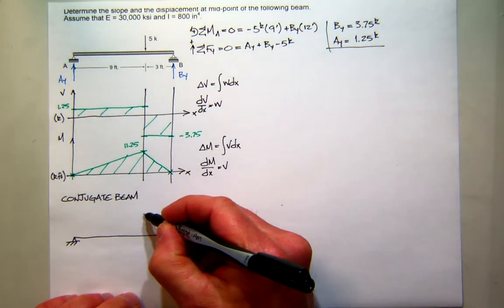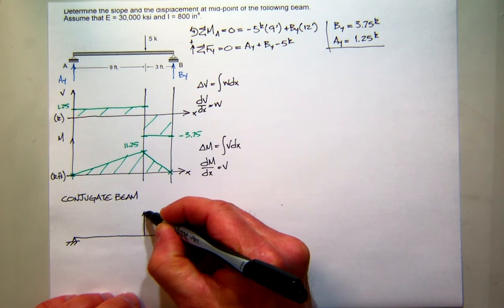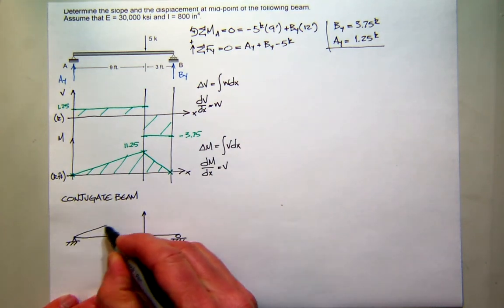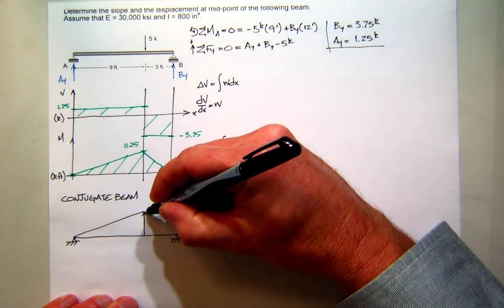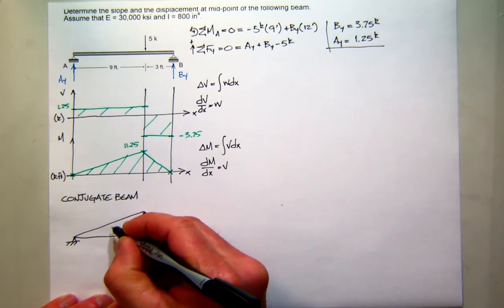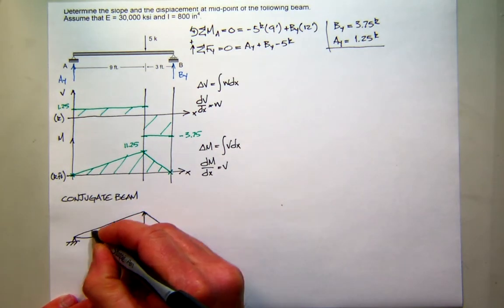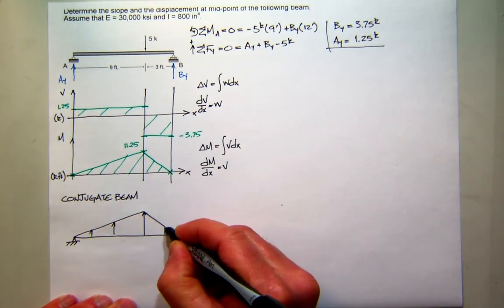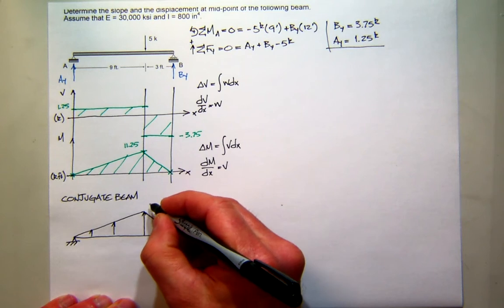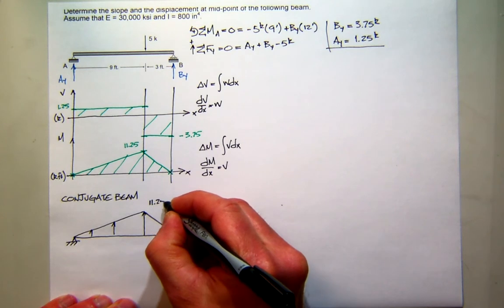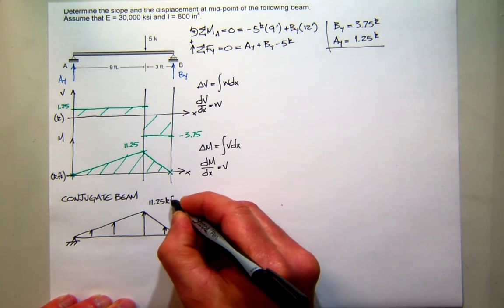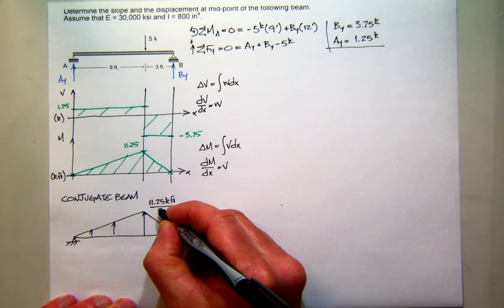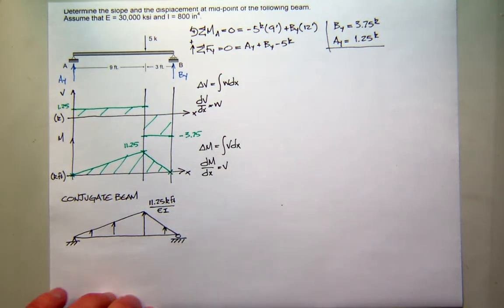So our load will look something like this. And that value there will be 11.25 kip feet, that's the moment, divided by EI. Everybody see that?